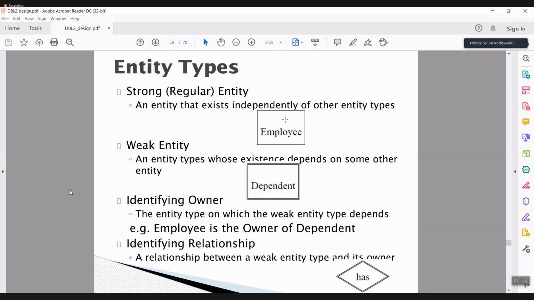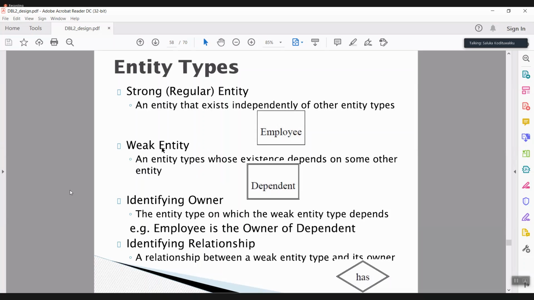A strong entity means any entity having at least one unique attribute. The definition of the weak entity is not that an entity does not have a unique attribute. That is wrong. That is not the definition.